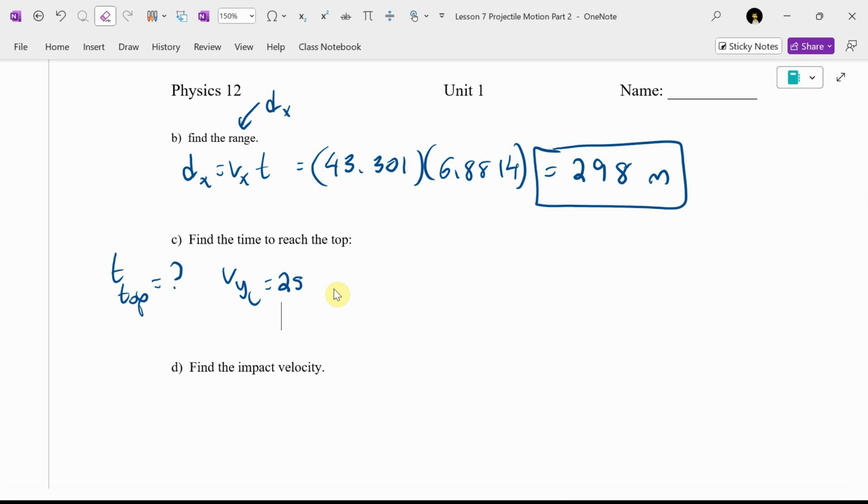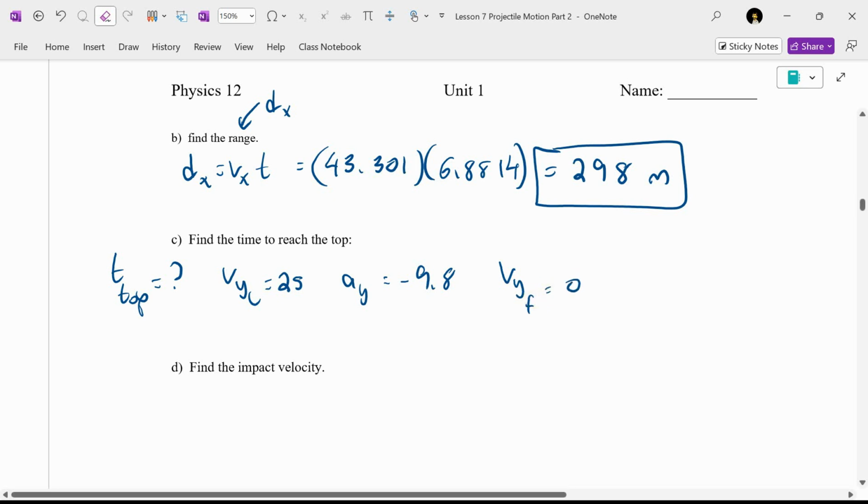No, it's going to be something up. Okay, vertically, I can use ay equals that. I know one more thing vertically at the top for a split second: Vy final is 0. Kai, I'm looking for an equation that's got a T, a V initial, a V final, and an A in it. There is one.